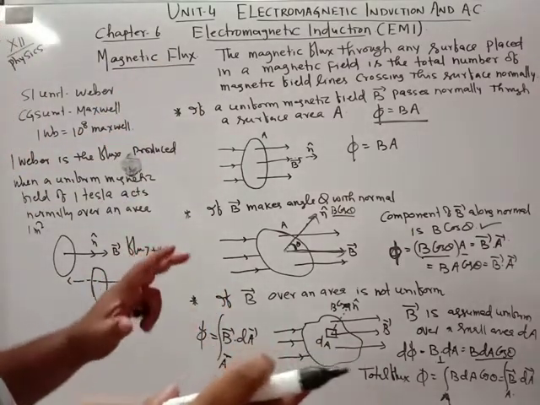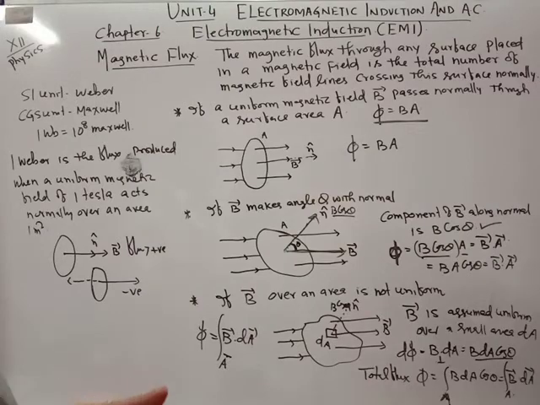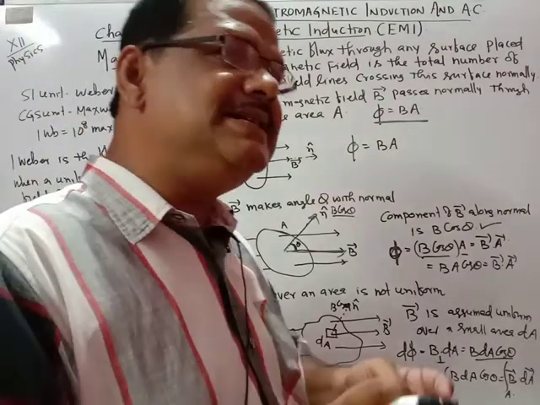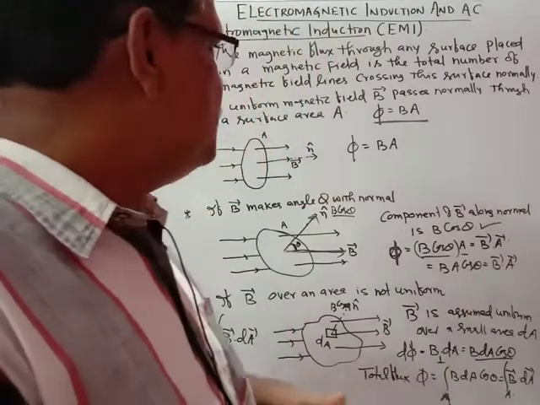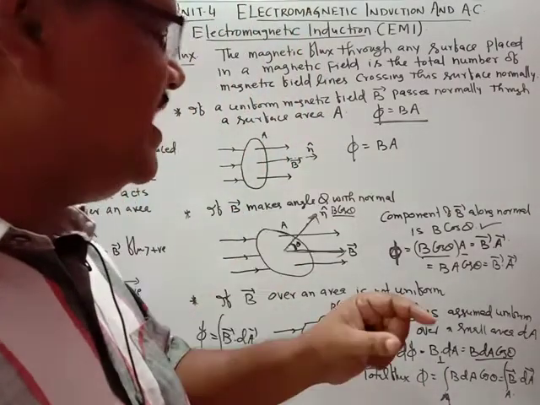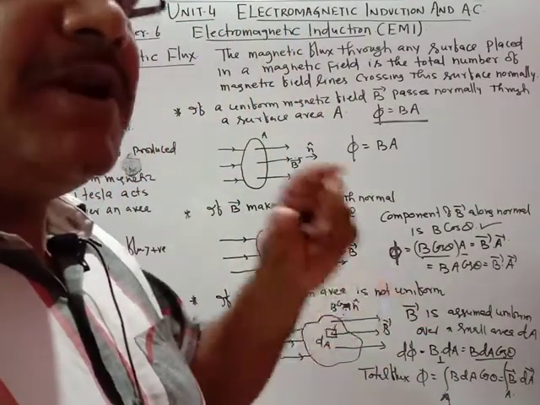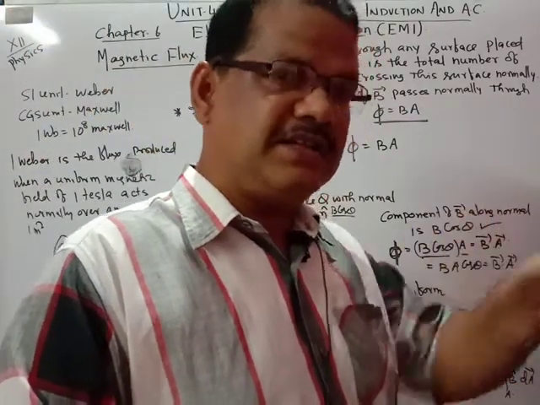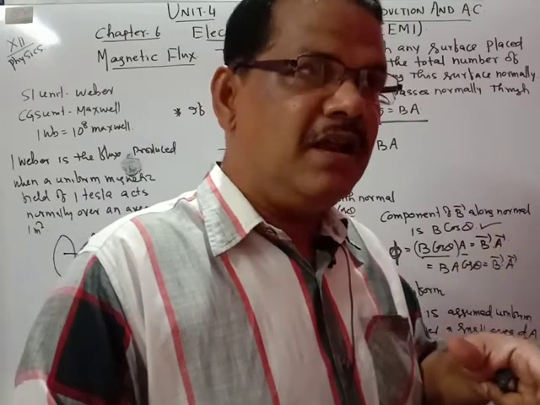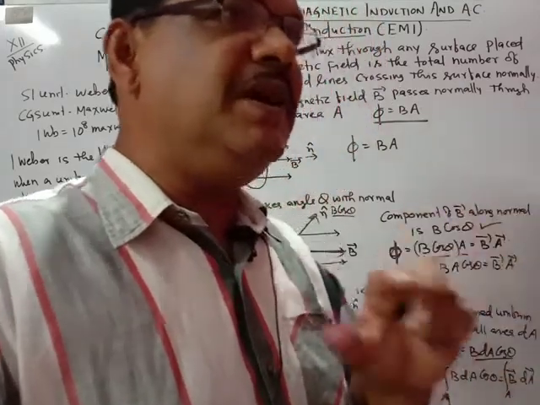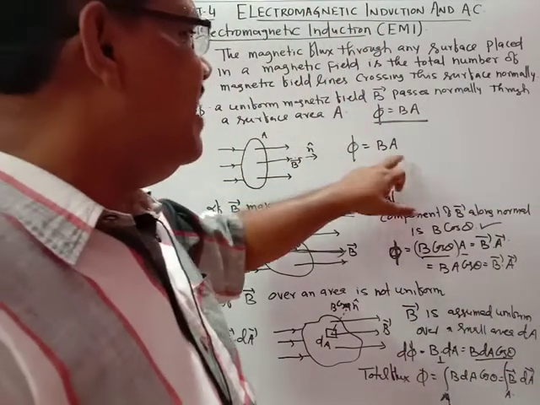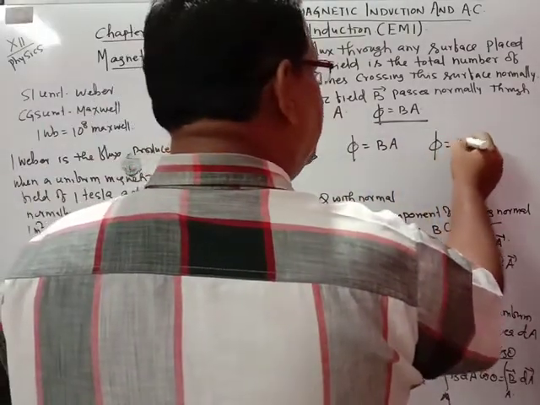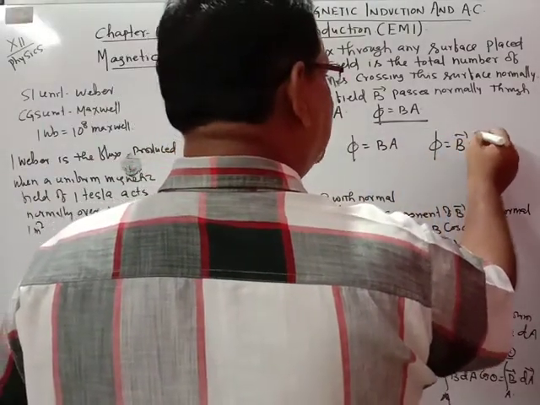So clearly, in total, the magnetic flux linked to the surface area is nothing but the product of the component of the magnetic field along the direction of the area vector, or along the normal, multiplied with the area, that is BA, and overall we are telling phi equal to B vector dot A vector. This is the flux.